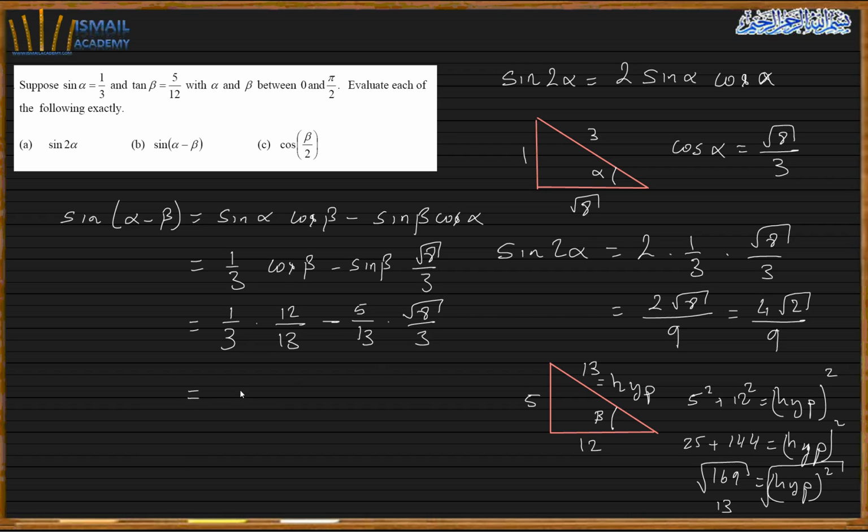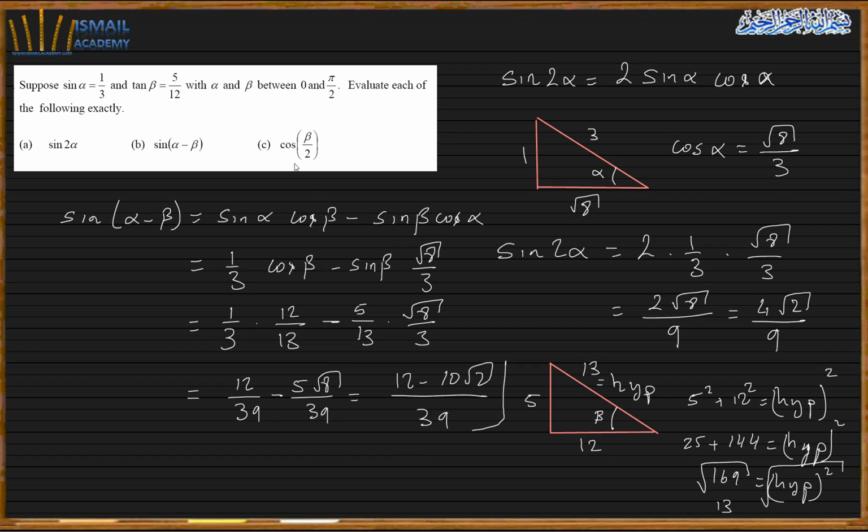If I simplify, I get 12/39 minus 5 square root of 8 over 39. I can put it under one denominator, 39. So it's going to be 12 minus, simplifying the square root again, 2 square root of 2, 10 square root of 2, over 39. So this will be your answer.